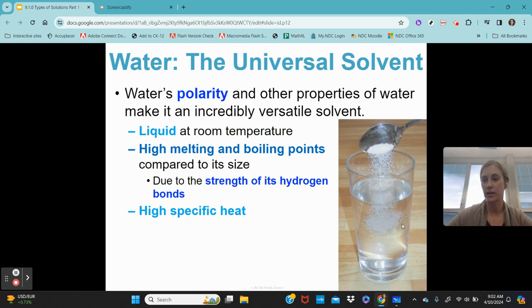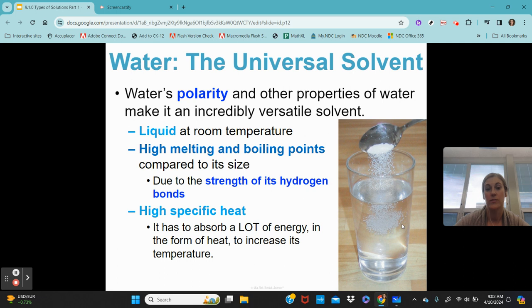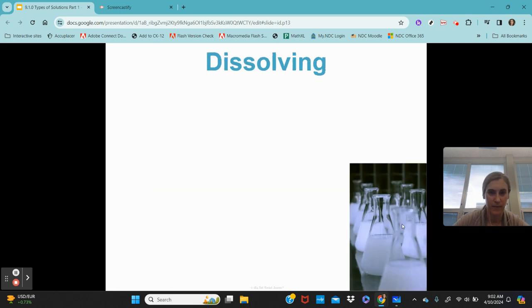Think about the lake in the summer. It gets warm, and then the air stays pretty warm because we have a large body of water that stays warm for longer. It has to absorb a lot of energy in the form of heat to increase its temperature. That's why it takes some time.